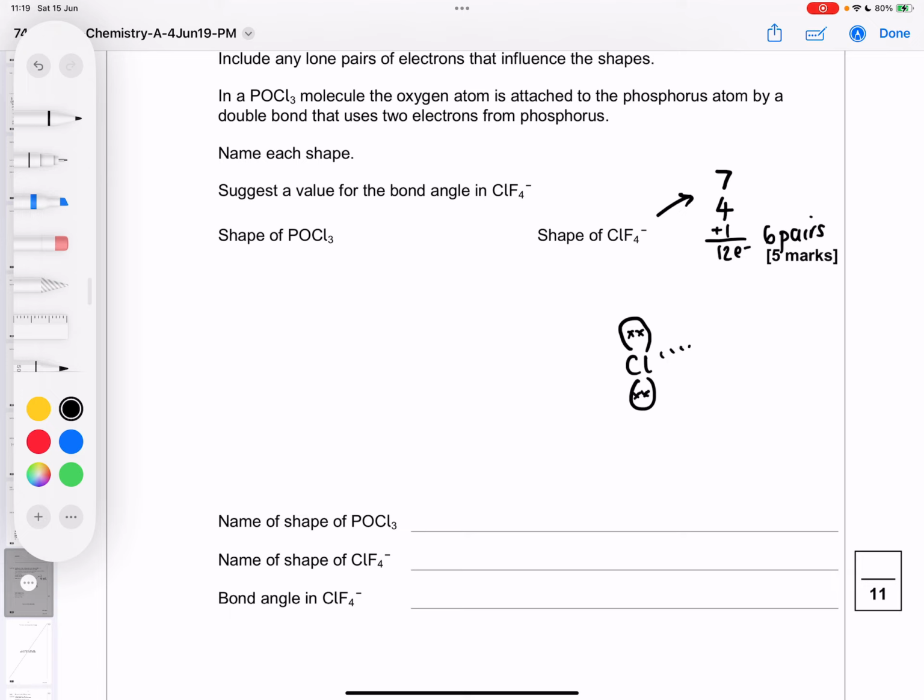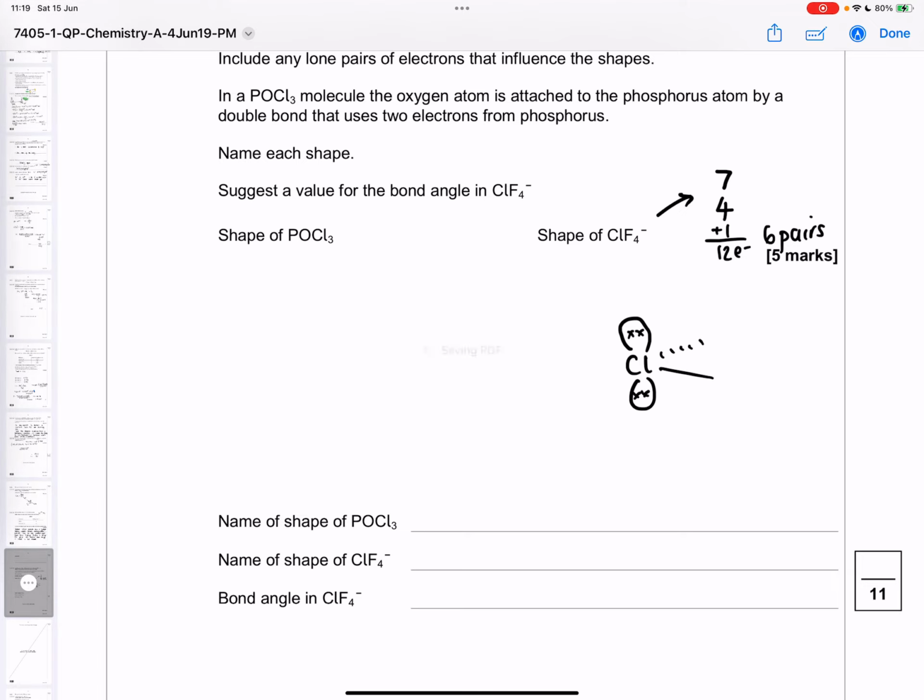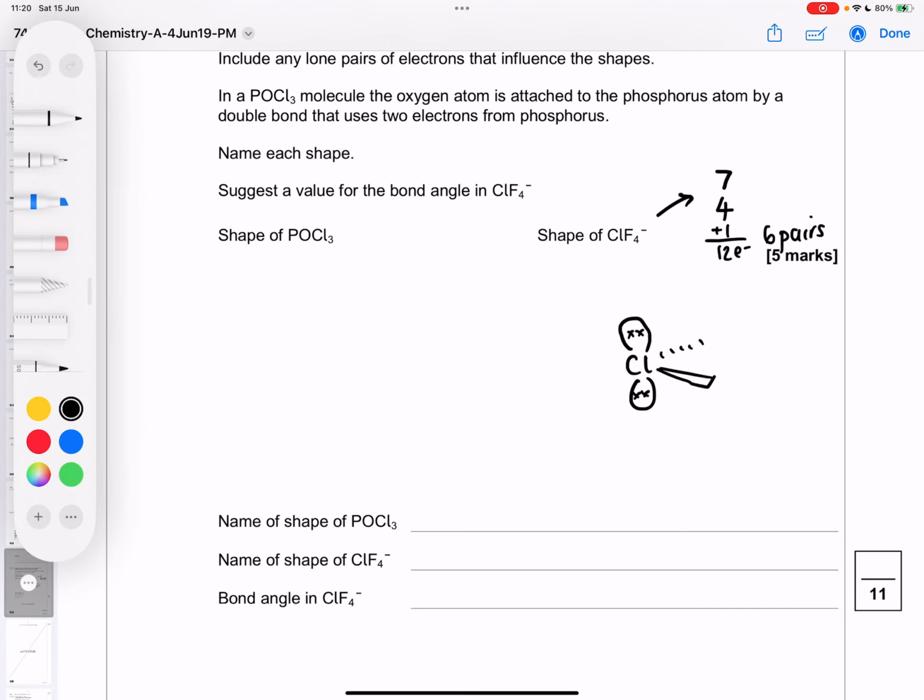It would have been octahedral, but 2 of the bonds have become lone pairs. And so the shape is square planar and the angle is 90 degrees.